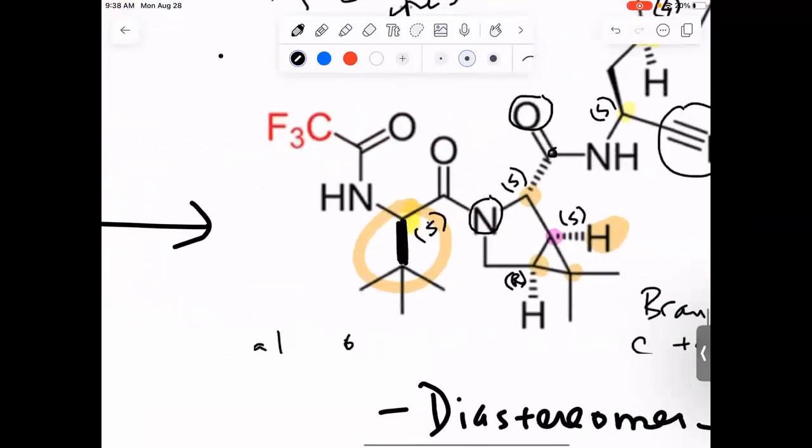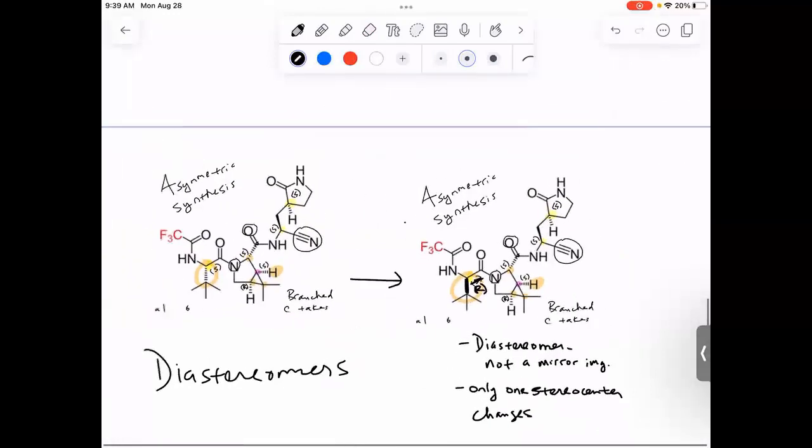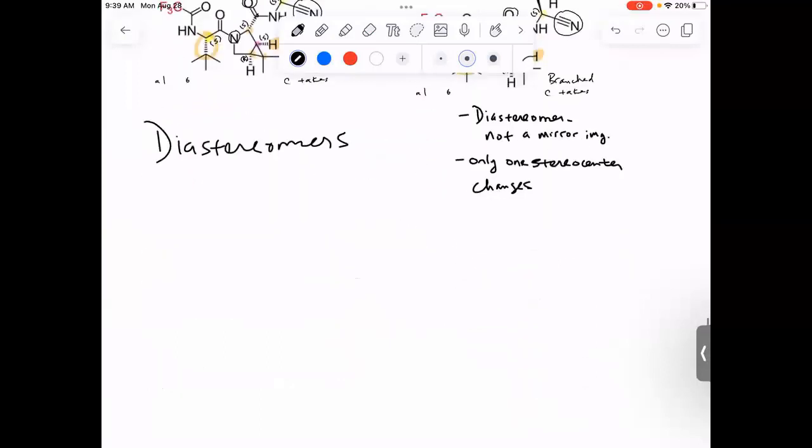And this would no longer be S, by the way. It will be R, because I changed it. But are y'all following that? So every one of those stereocenters, I could go in and just change one at a time. So I've done it here. Let me do another one to make the point.